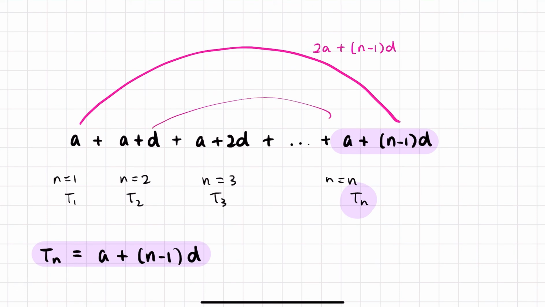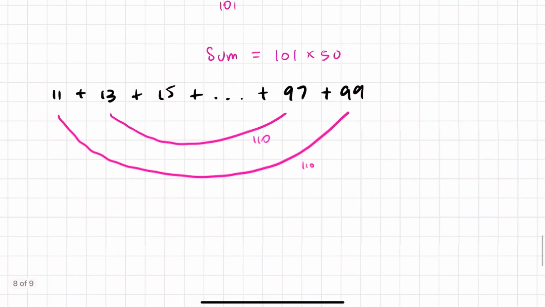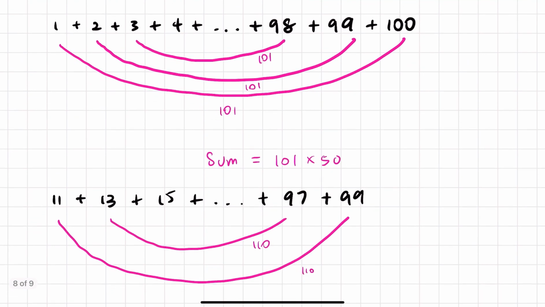So how many pairs were there? Well, that's pretty simple actually. Going back to the very first example we looked at, between 1 to 100, going up by ones, there are obviously 100 terms. So n was 100, which means there are 50 pairs. So that's why we multiplied by 50, right?